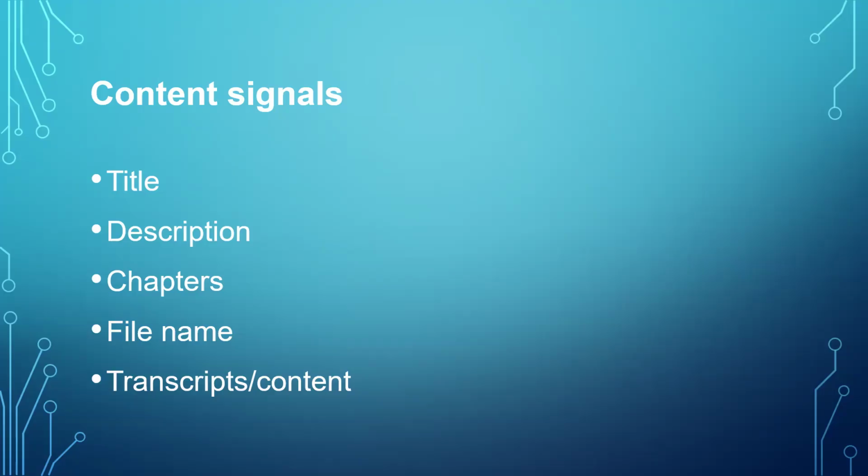And all of the content signals are really revolving around the keyword phrase. Again, this is not something where you select the keyword phrase and tell YouTube to go look for it. YouTube's just going to do it on their own.